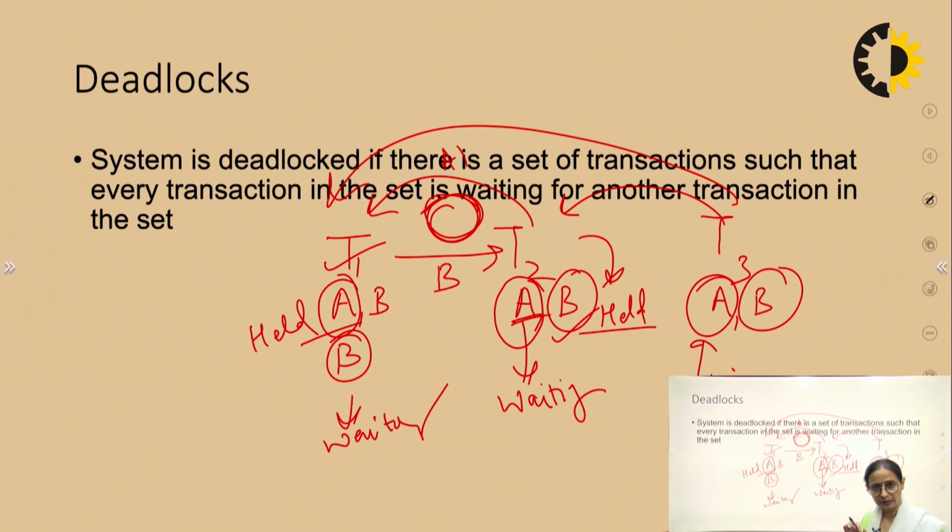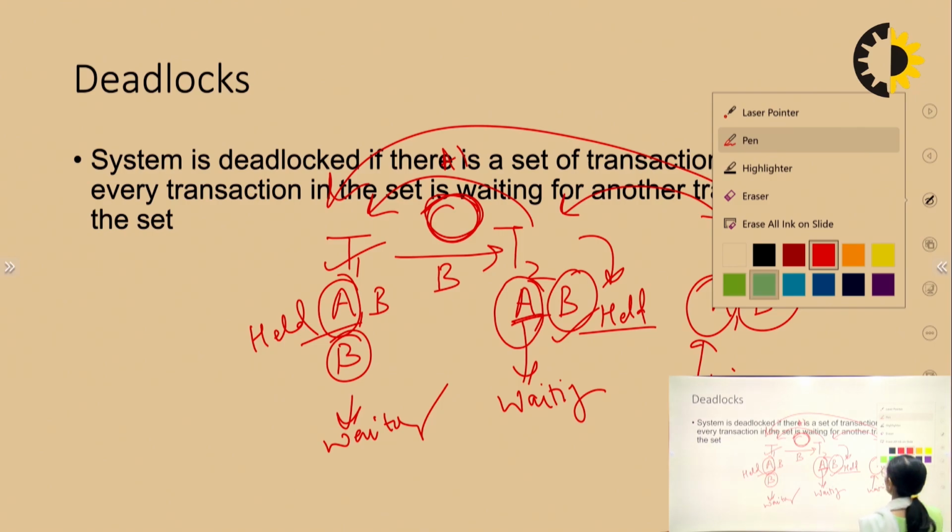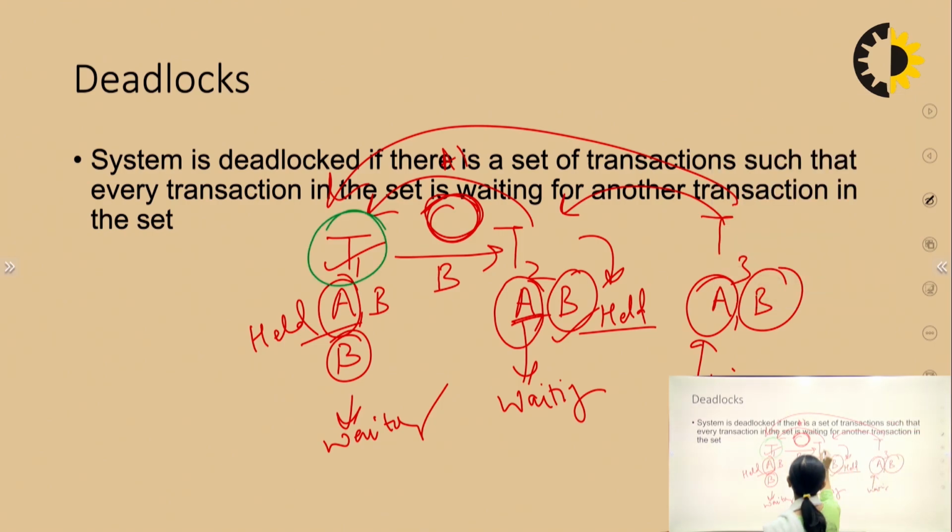So in this deadlock scenario, the deadlocked transactions are only T1 and T2, and not T3, although the progress of T3 depends upon T1 and T2.